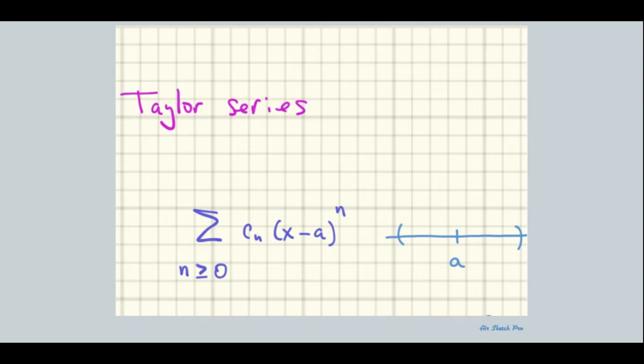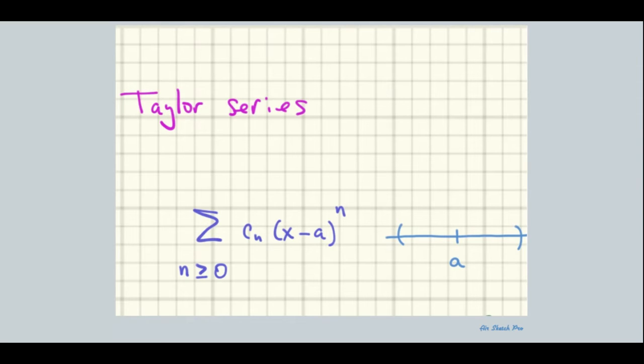Today we're going to be looking at Taylor series, in particular examples of Taylor series. And I want to remind you that the general form of a Taylor series is just a bunch of coefficients attached to a bunch of powers of x, or x minus a if I'm centering somewhere other than 0 in general.